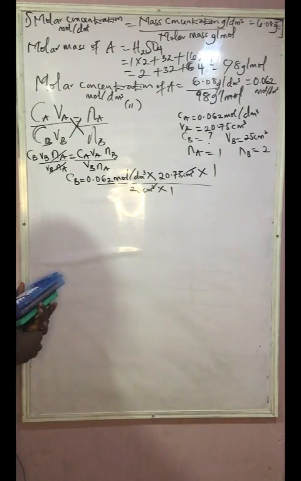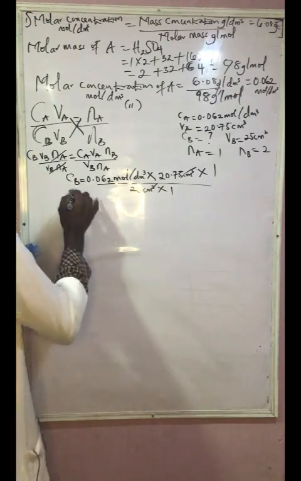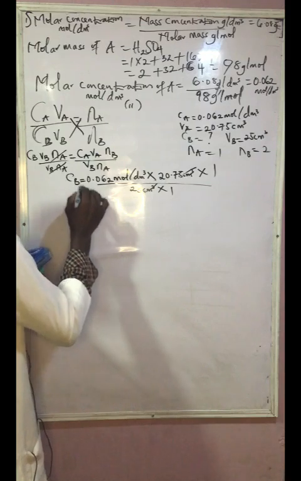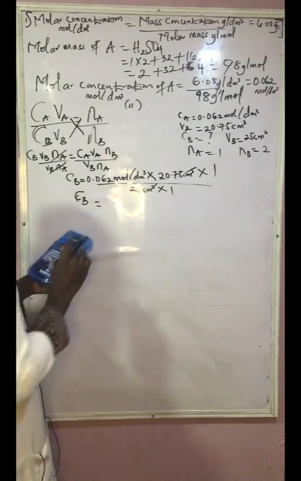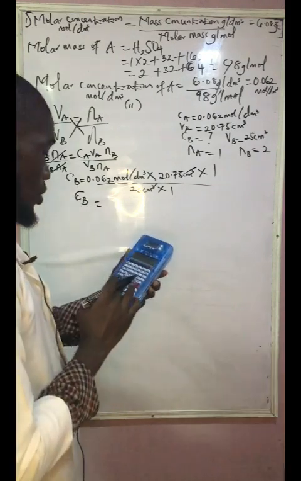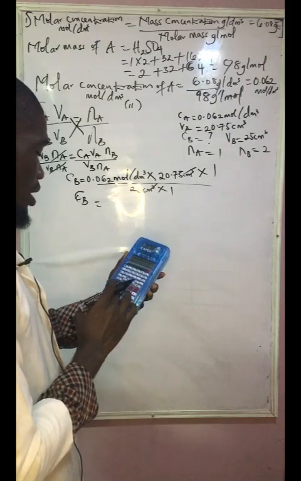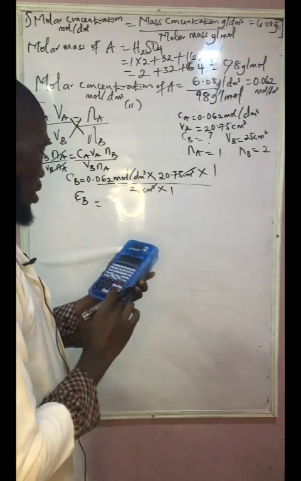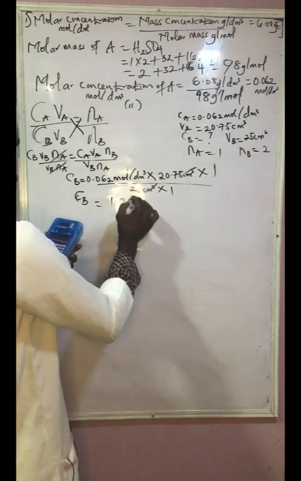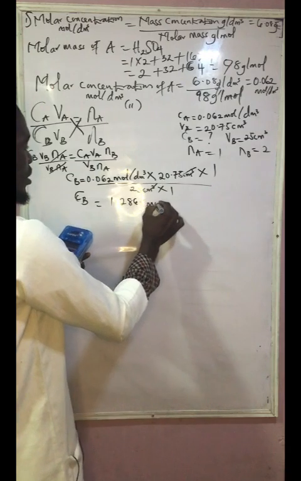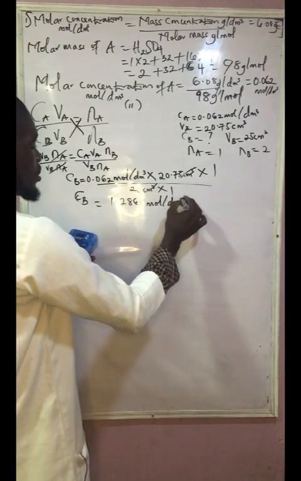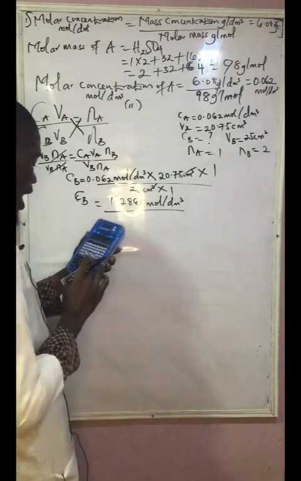So for this, we have CB equal to 0.062 multiplied by 20.75, we have 1.2865 mole per dm cube divided by 25.